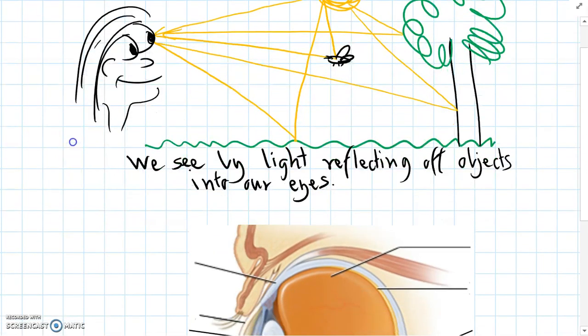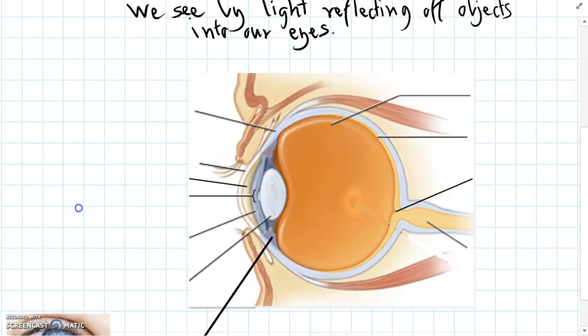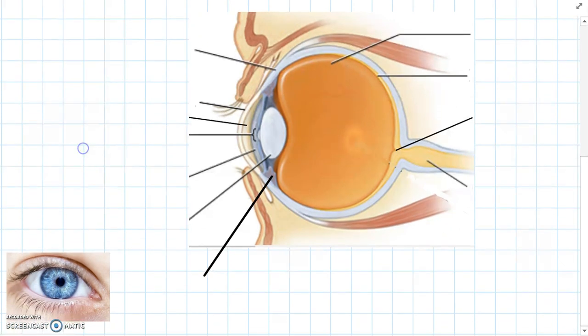Alright, so now we're going to look at all of the details of the structure of the eye. So naming the different parts. And we'll go in order of from the outside to the inside. So the first structure at the very front of the eye is called the cornea.